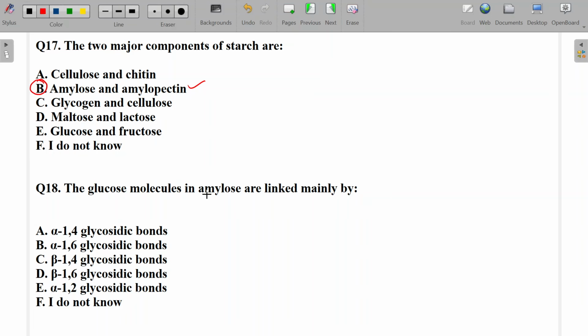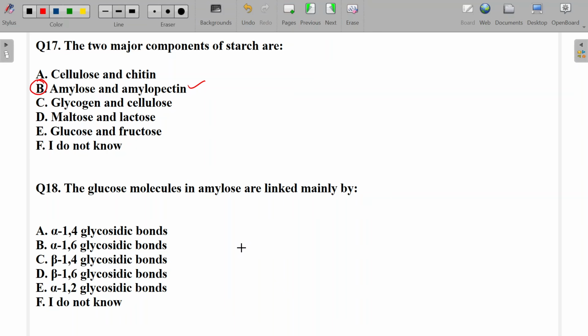Question 18. The glucose molecules in amylose are linked mainly by A. Alpha 1,4 glycosidic bonds. B. Alpha 1,6 glycosidic bonds. C. Beta 1,4 glycosidic bonds. D. Beta 1,6 glycosidic bonds. E. Alpha 1,2 glycosidic bonds. F. I do not know.